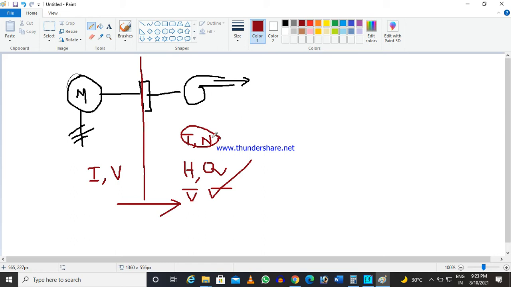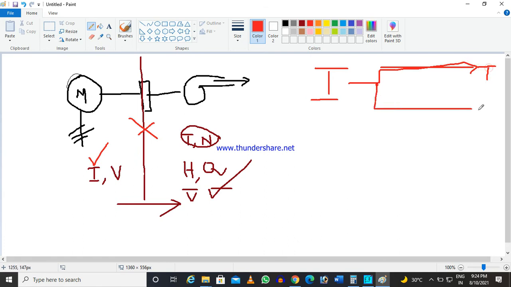I am not going into all those details, but if the machine is decoupled, what I mean to say is that the electrical energy is basically producing torque and RPM. This torque is coming from the electrical side, the current basically. So this current is producing torque and RPM.